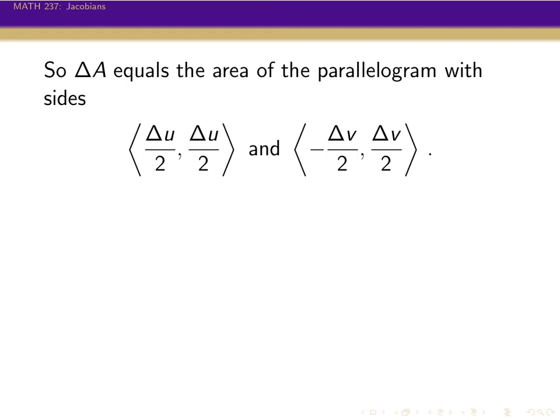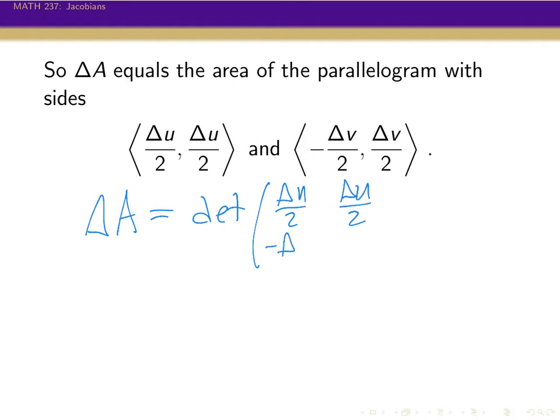And so another way we could have done this is delta A is equal to the determinant of delta u over 2, delta u over 2, minus delta v over 2, delta v over 2.